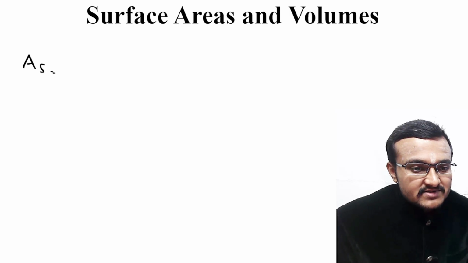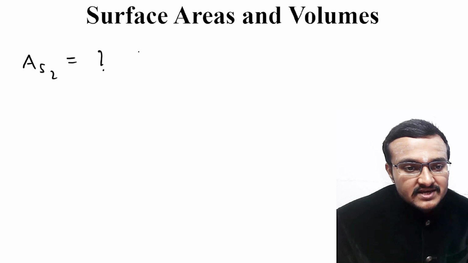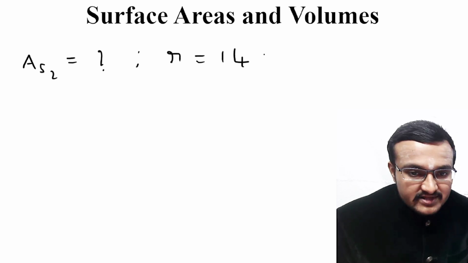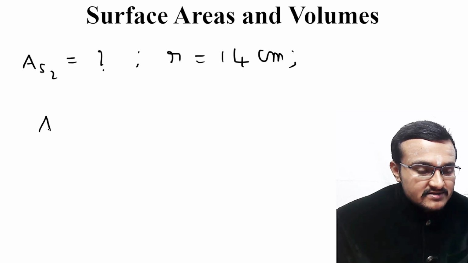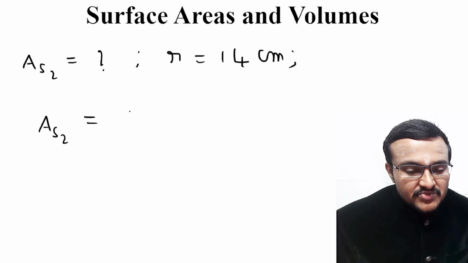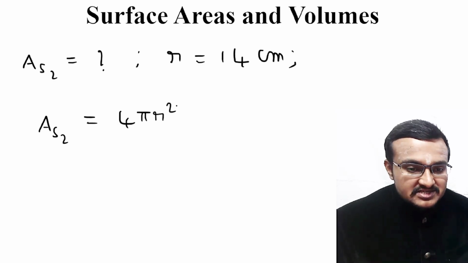Now you have to find out the second surface area of the same balloon when its radius was equal to 14 centimeter. So the area of the same balloon, the second area, will be equal to 4 pi r square because the balloon is in spherical shape.